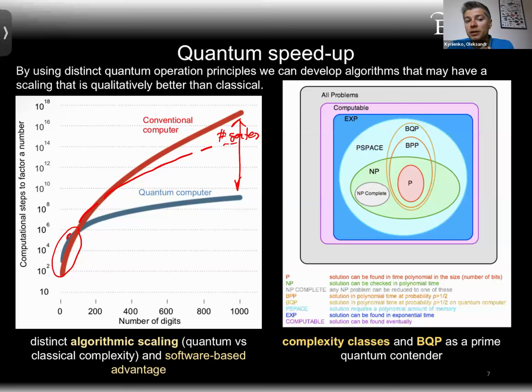But until you have implemented the protocol, until you've coded it fully, the exact point where the two cross is nearly impossible to predict. And what I have seen are rough estimates of where quantum and classical protocols are competitive.